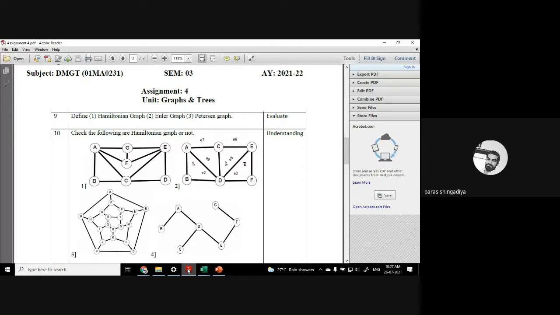First, draw the graph in your book, and then start with any of the vertices. Your aim is to visit all the vertices exactly one time, and again reach back to the starting place. And how many vertices are there? 20 vertices are given.